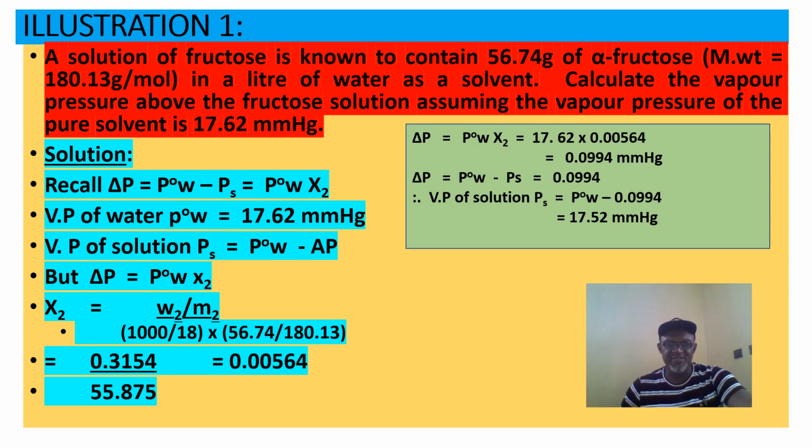So we can find X2 equal to 0.00564. So we now substitute in delta P equal to P naught W X2. Already we are given P naught W, the vapor pressure of water. When we substitute, we can now get the vapor pressure of the solution at 17.52 millimeter mercury.